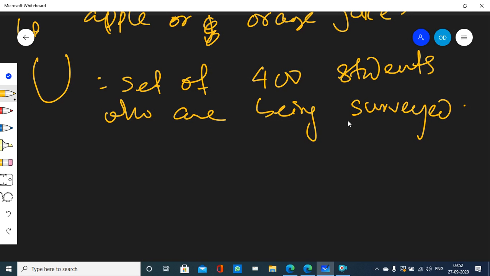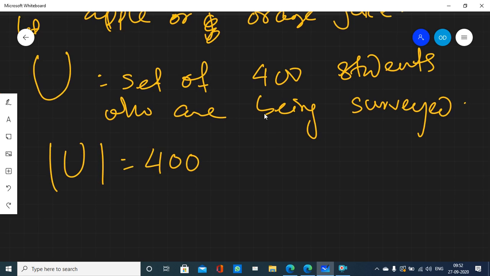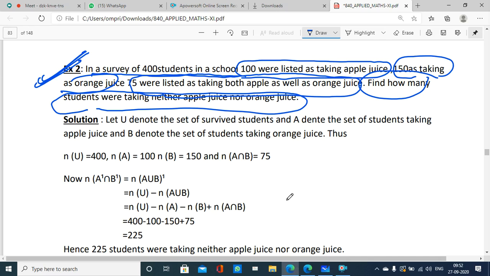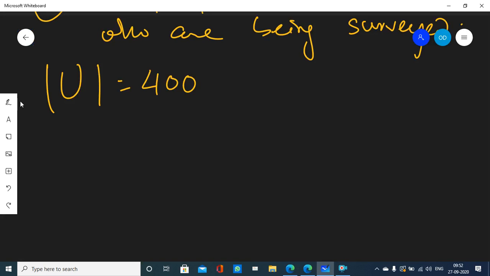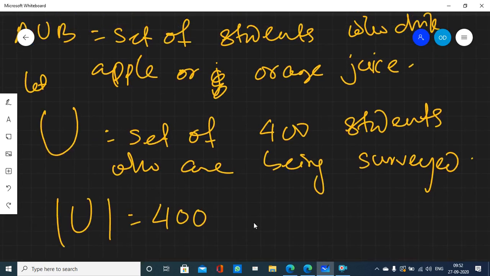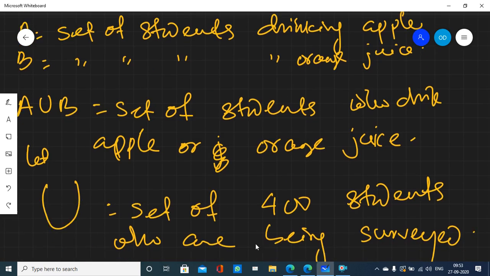So U is the set of 400 students who are being surveyed. That is to say, cardinality of U is equal to 400. Other pieces of information are also given to us. 100 are taking apple juice, and set A carries all those apple juice students.